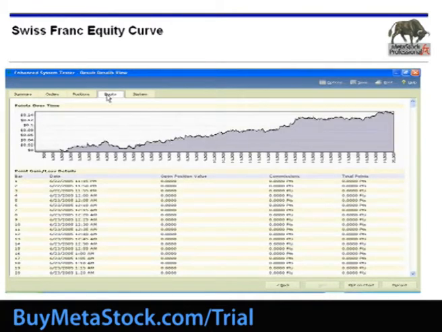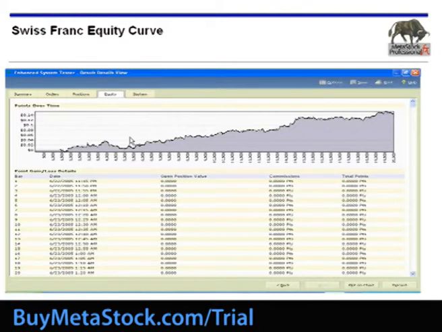You can also click on this equity tab right here to see an equity line. And you can see this is a very nice, steady, upward trending equity line, which is what we want to see. Remember when we talked... So you can see here that this is a very steady upward trending equity line.